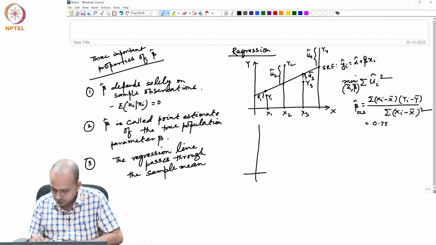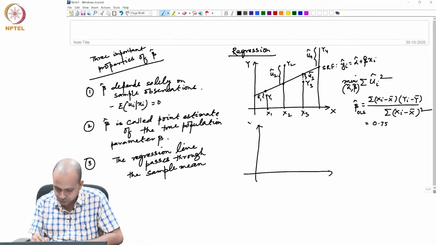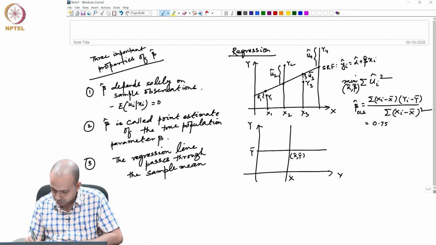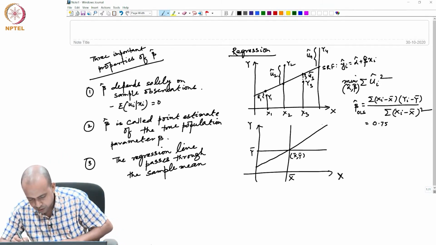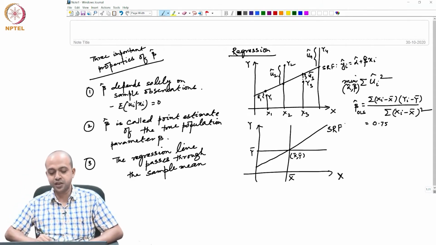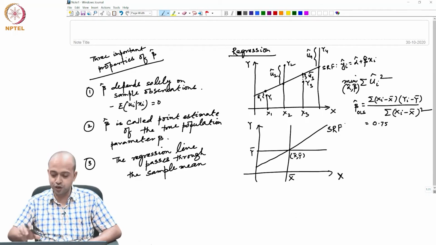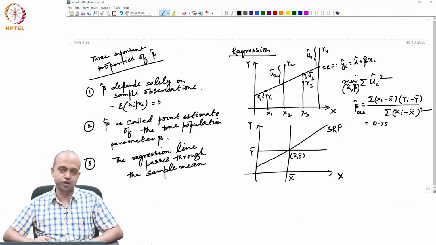If this is your x, this is y, let us say this is the x bar, y bar point, this is y bar and this is x bar. So, your estimated regression line must pass through the sample mean x bar and y bar. This is also an important property of the sample regression function, you must keep in mind, and this property would be useful later on.